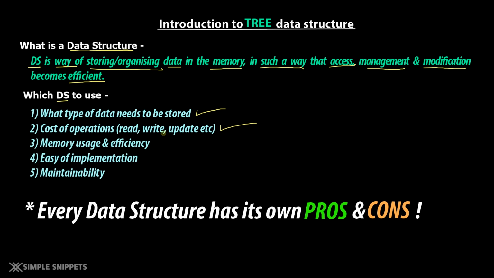On those same lines, another criterion is memory usage and efficiency. Then we have ease of implementation, and lastly we have maintainability. And of course there are many other criteria, but the point being made here is that every data structure has its own pros and cons with its own unique properties and some drawbacks. So it depends upon the application, depends upon the condition on which we decide which data structure is supposed to be used. So I just wanted to give you this recap.